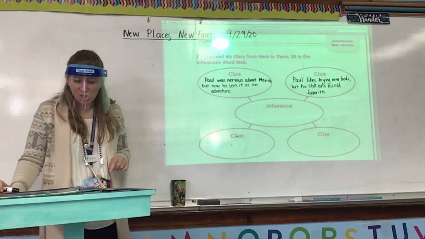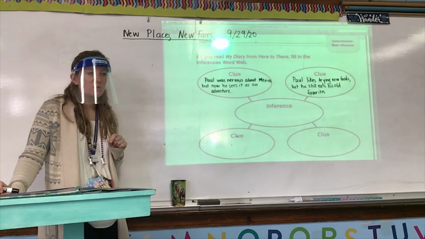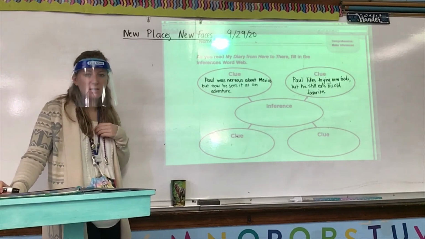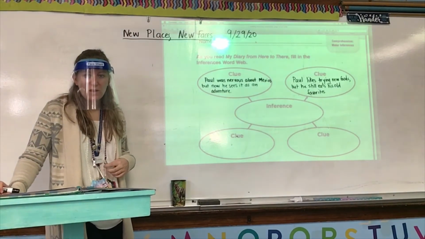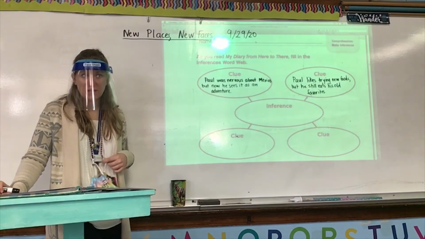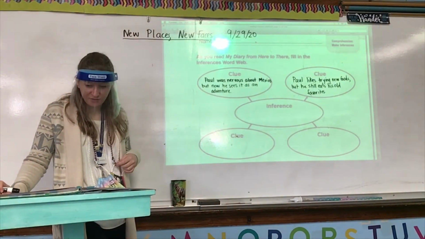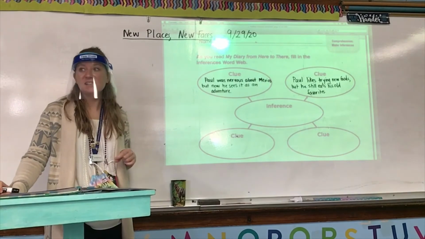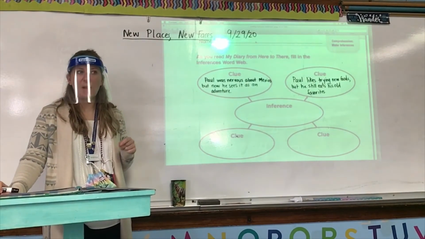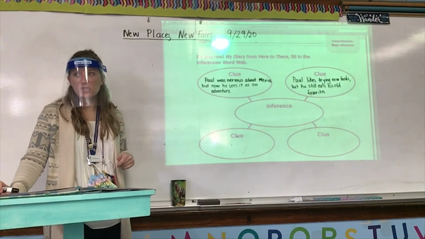Good. So in those two paragraphs, what have we learned about what Paul has done? What have we learned about Paul in these two paragraphs? We have learned about the farmers and their rights and their lives, but what have we learned about Paul in these two paragraphs?